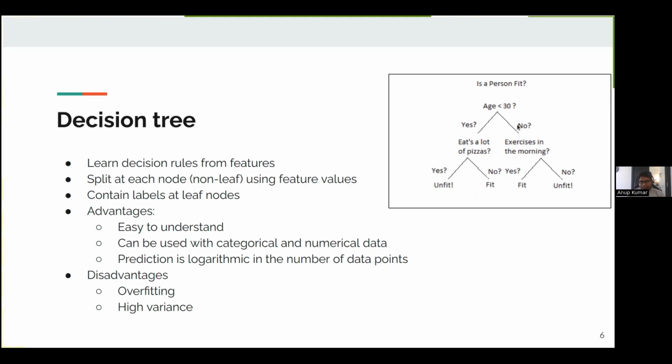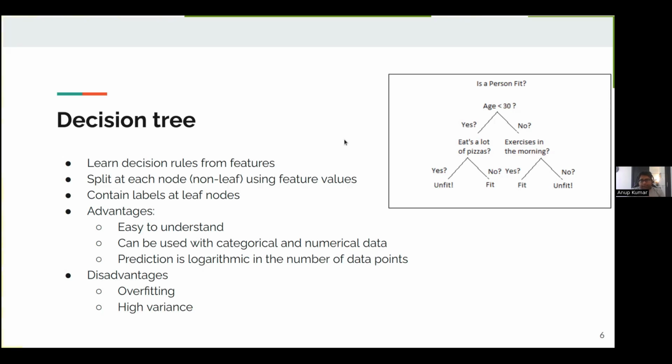On the other branch of the tree, when the age is more than 30, whether a person exercises regularly in the morning becomes a feature that determines whether the person is fit or not. And if no, and age is more than 30, then the person is deemed unfit. These are the simple rules a decision tree learns by utilizing different features from the data to classify a point.